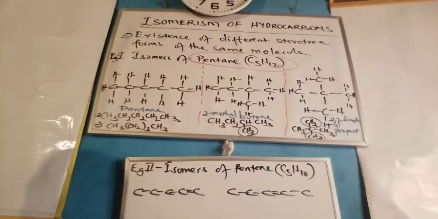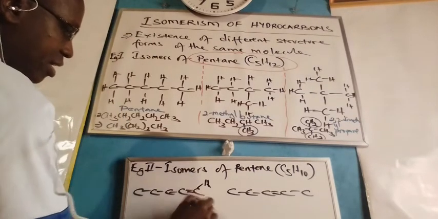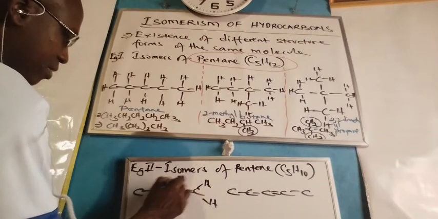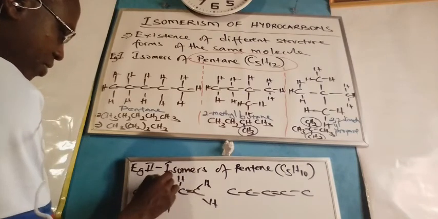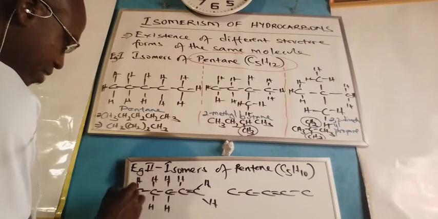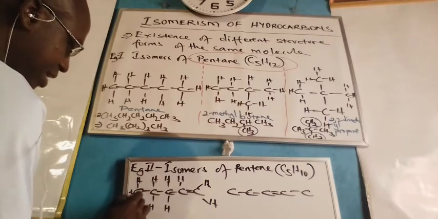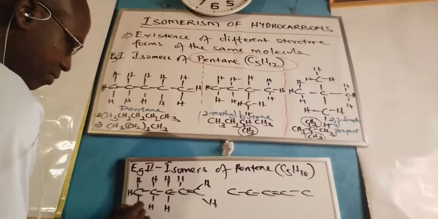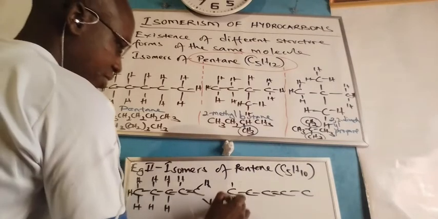Now, when you complete the structure, you add the hydrogens, following the carbon rule that each carbon has a maximum of 4, no more, no less, bonds around it. So as we represent this, let's see what this comes to.